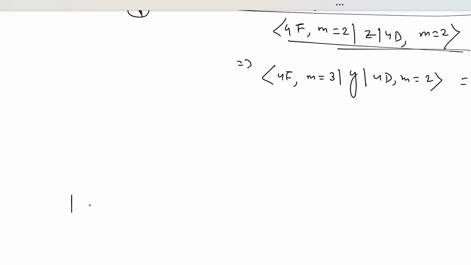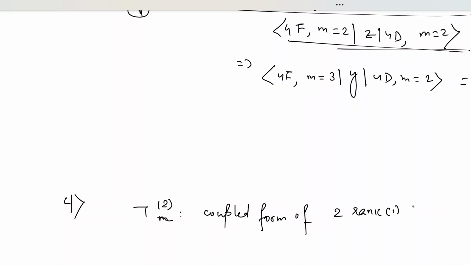Let me write it down. So these are rank 2 tensors, so these are basically coupled forms of two rank 1 tensors. This is the idea.